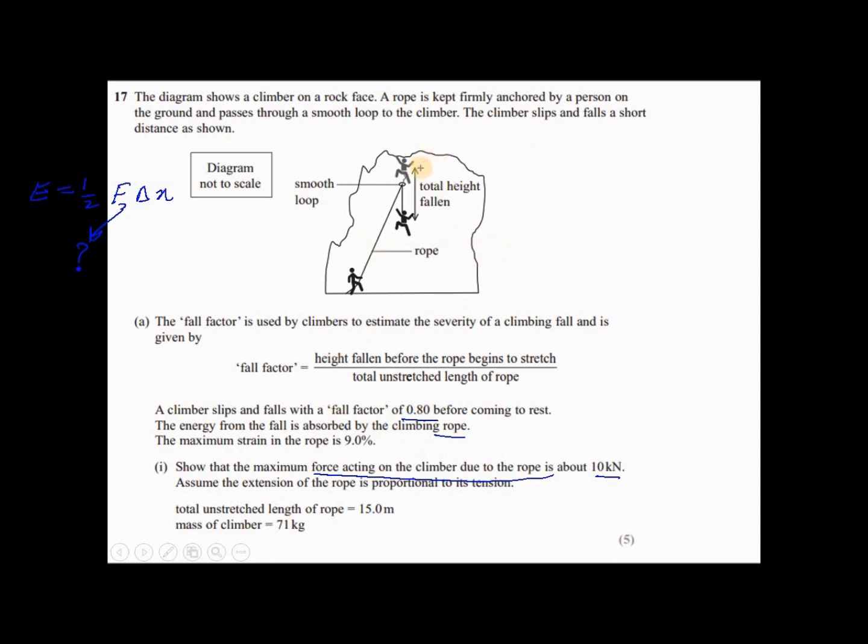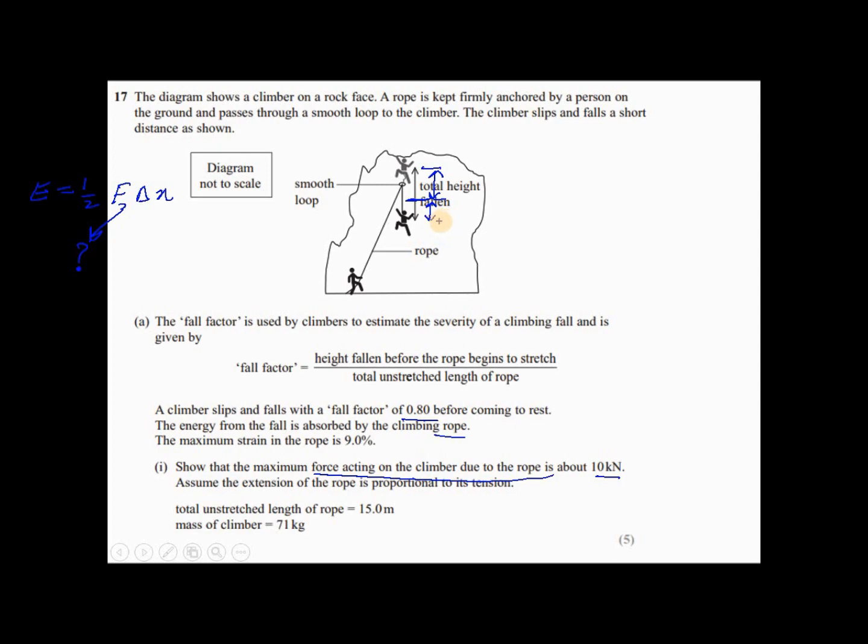So what is going on in this whole situation? First, the climber falls till here, suppose, and this is the position. Suppose I'm dividing this whole height into two intervals. This is the height I am assuming when the climber falls and the rope begins to stretch, and then this is the further height fallen while the rope is stretching.